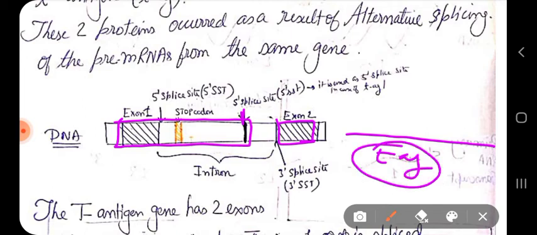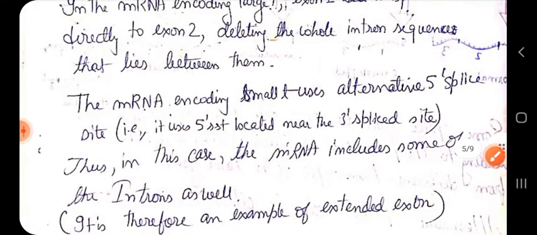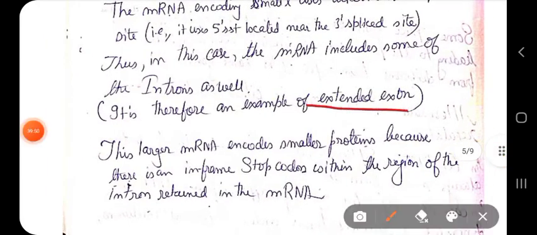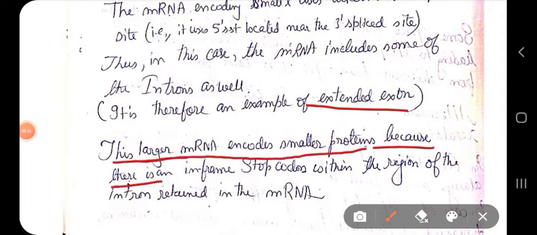Now, small t antigen is produced because of the presence of this stop codon, which leads to the formation of a truncated protein product, which leads to the formation of small t antigen from this spliced mRNA. So this is a clear example of an extended exon. This larger mRNA encodes smaller proteins because there is a stop codon within the intron region that is retained in the mRNA.